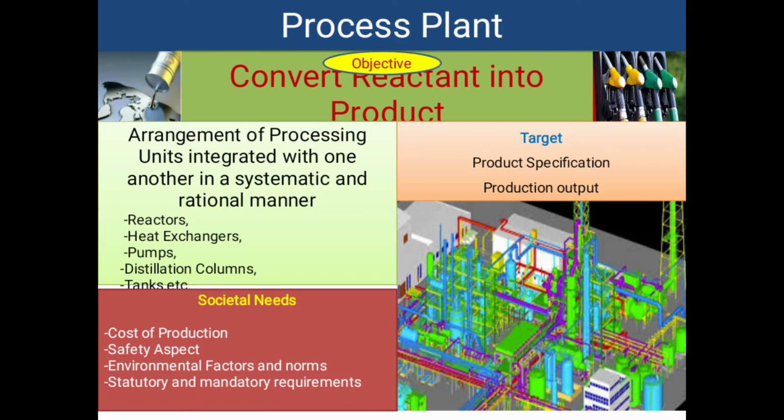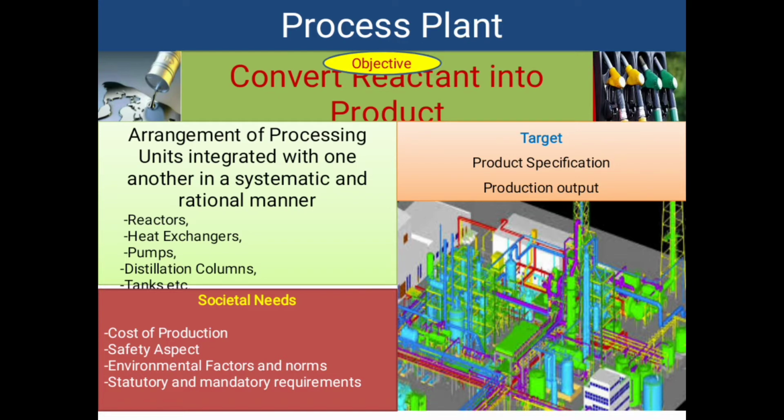To achieve this target, all the reacting units, processing units, purification units, and other accessories are arranged and connected with interlocks. So to operate this process plant, one should know which equipment is placed in which place, what is its role, what are the next downstream equipments, what are the upstream equipments. Then only you can operate the plant successfully.